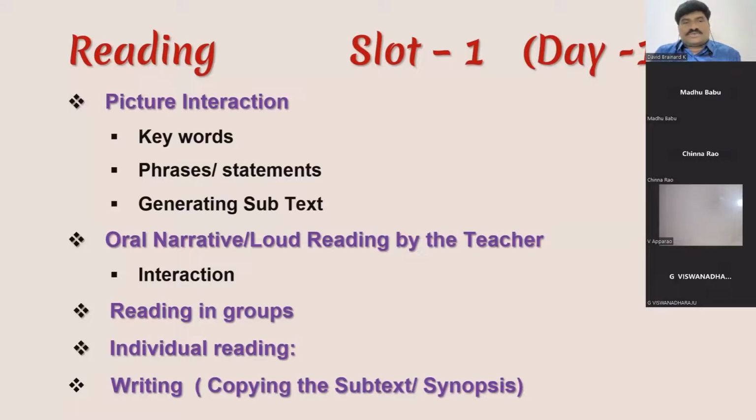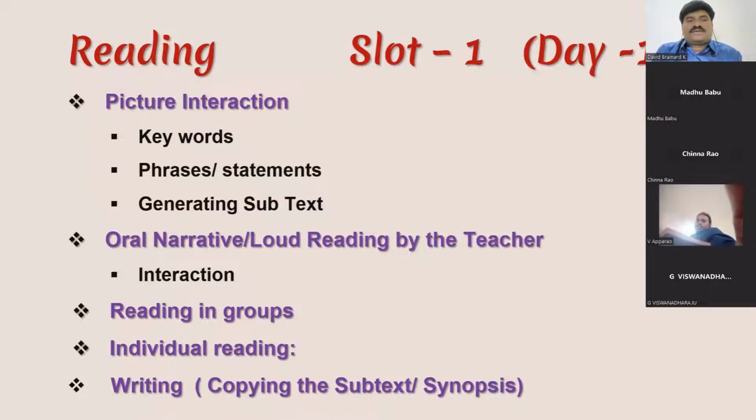Picture interaction should happen. While we interact with the picture, we'll get keywords of that picture. We'll get some phrases or statements, we'll generate them. And we can even generate a subtext of that or a simple summary of that. This will help the student to read the main lesson or main slot.